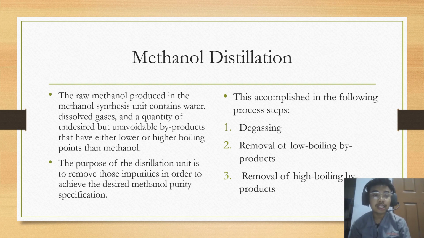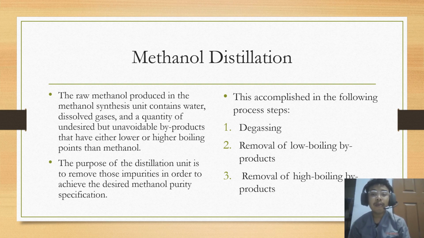In methanol distillation, the raw methanol produced in the methanol synthesis unit contains water, dissolved gases, and a quantity of undesired but unavoidable byproducts that have either lower or higher boiling points than methanol. The purpose of the distillation unit is to remove those impurities in order to achieve the desired methanol purity specification.